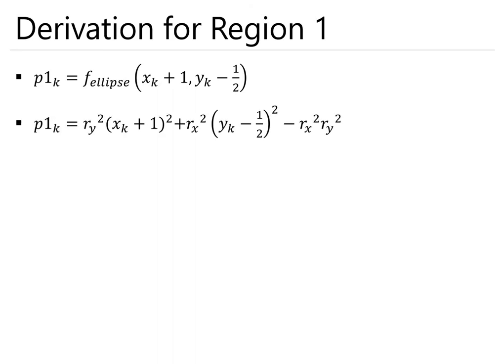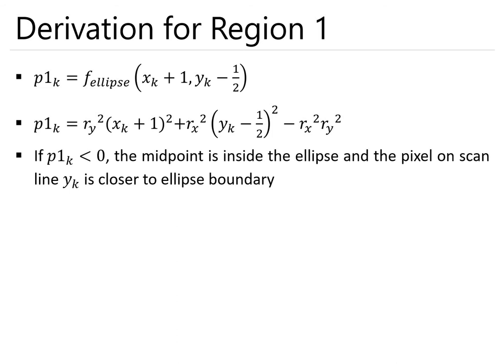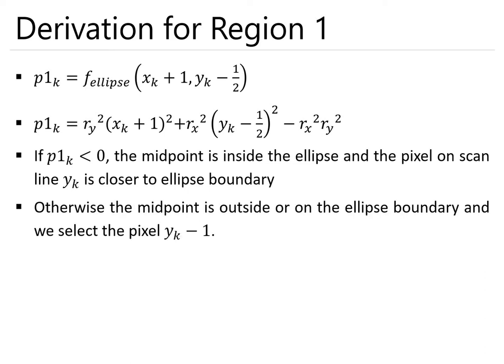So we will take the function formula of the ellipse and calculate all these formulas, and we will come to the conclusion that if p1k is less than 0, the midpoint is inside the ellipse and the pixel on scan line yk is closer to the ellipse boundary.